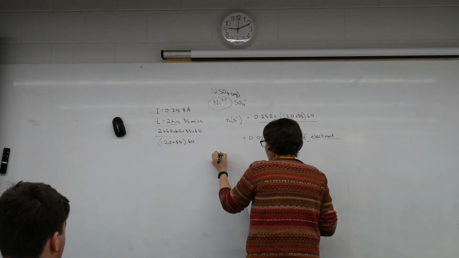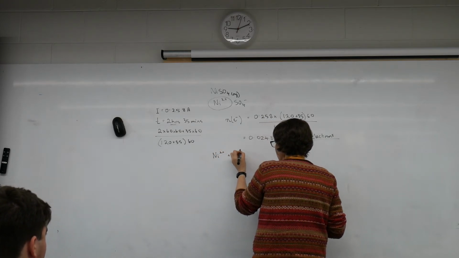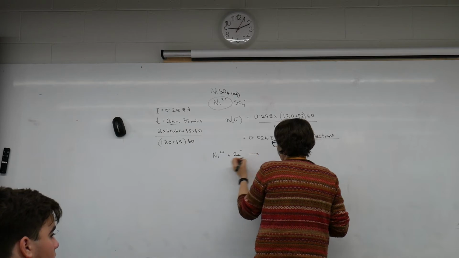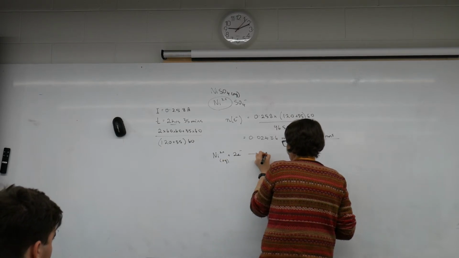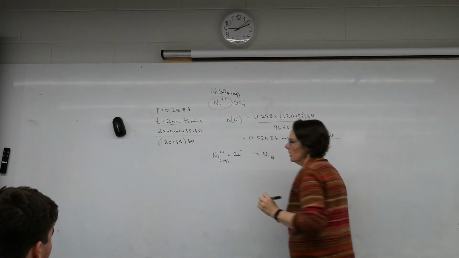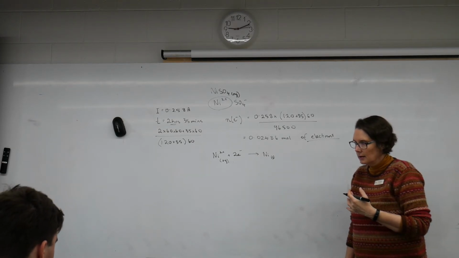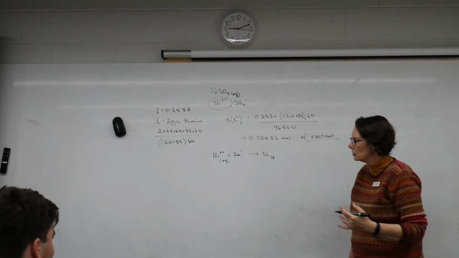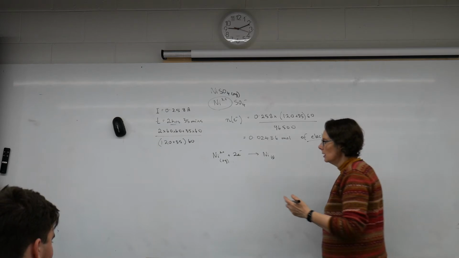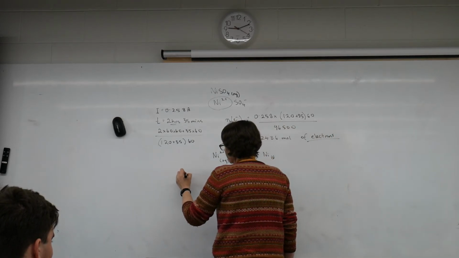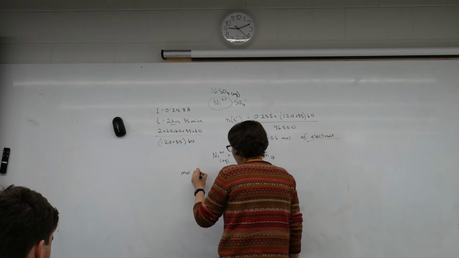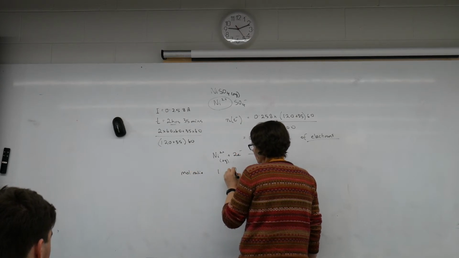Ni2+ plus 2e- goes to nickel solid. Now it's just like a regular chemical calculation. It's a mole ratio. So our mole ratio of nickel ions to electrons is 1 to 2.